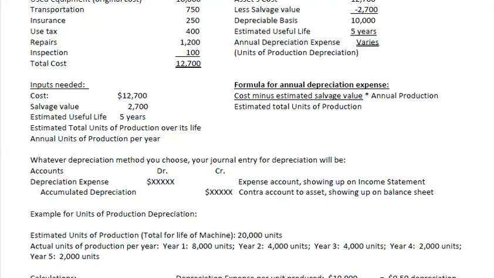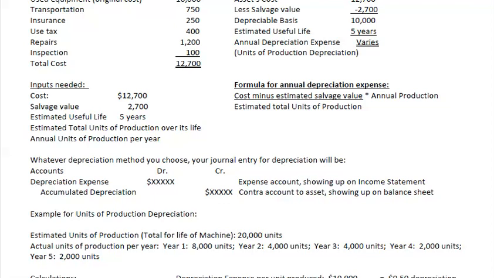So if you've got something that's a significant cost and it's better to depreciate it based on its usage rather than just the mere passage of time, I would certainly look at the units of production method for that.